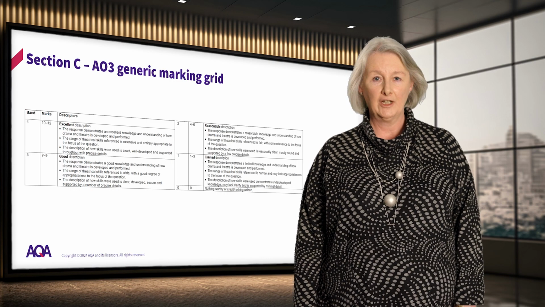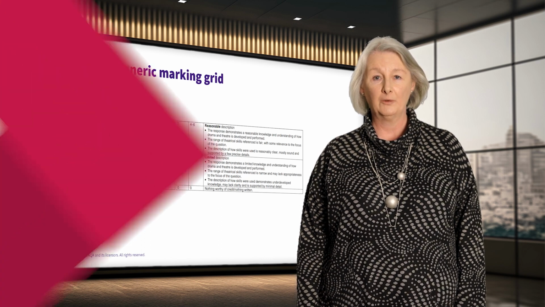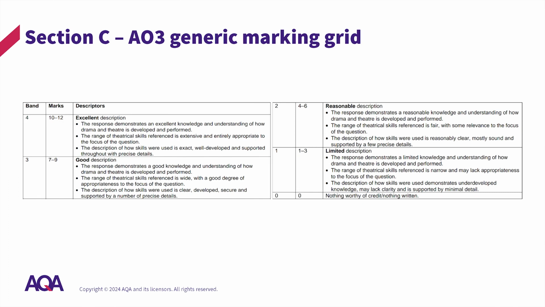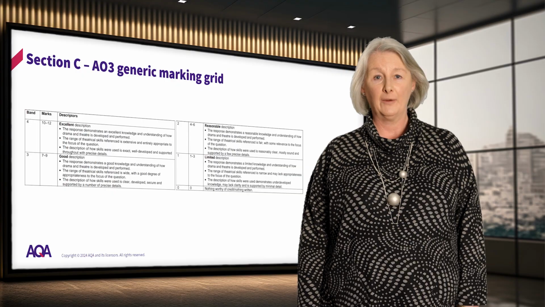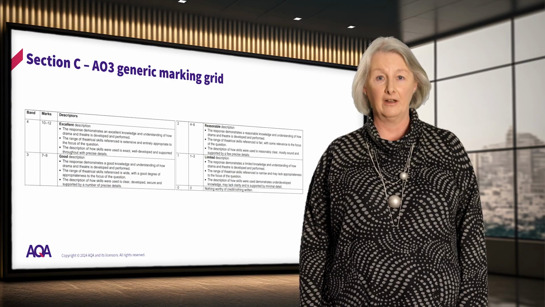The generic mark grid for these Section C questions reflects the 2 assessment objectives they incorporate, with Assessment Objective 3, demonstrate knowledge and understanding of how drama and theatre is developed and performed, being worth 12 marks, and assessed via the level of description students include in response to the specific focus of the question, how the performance or design is developed and performed, the range of theatrical skills referenced, and of how exact and well developed and precise the description of performance or design skills are.